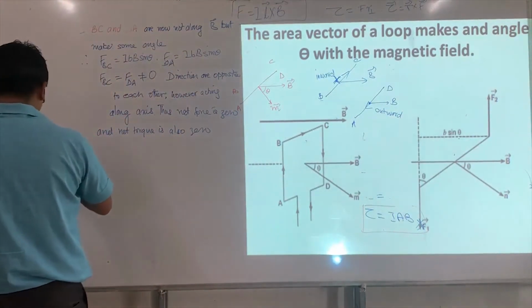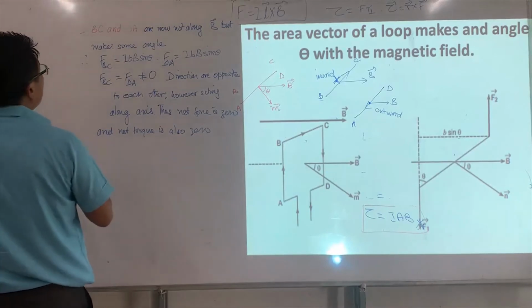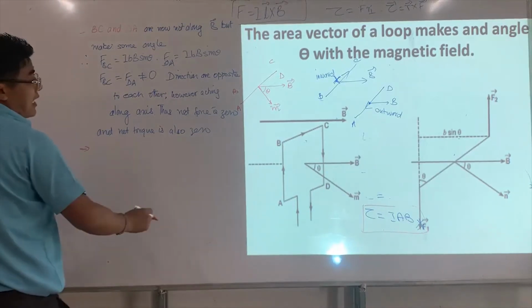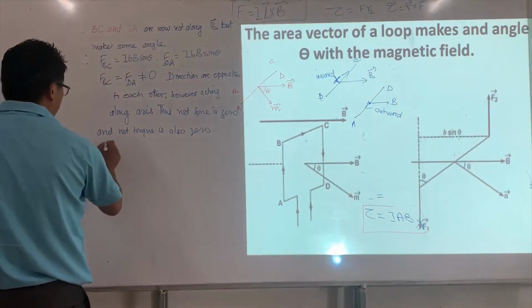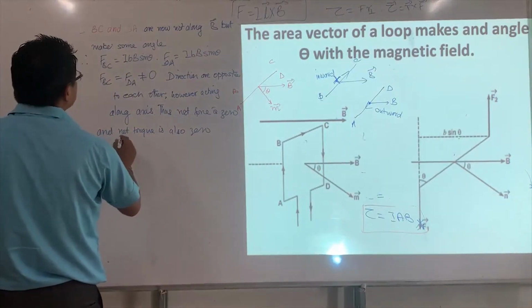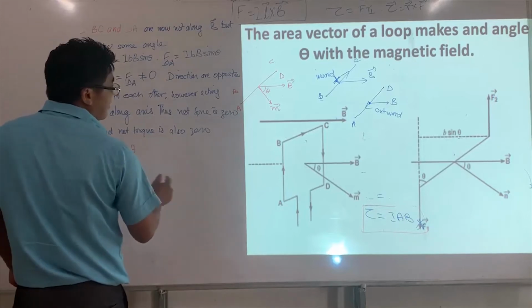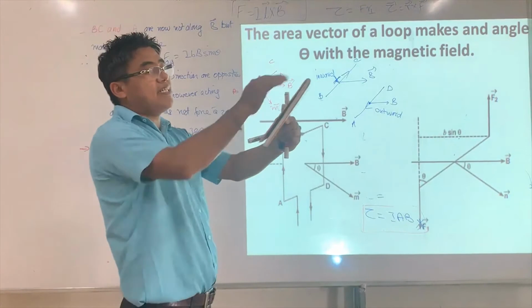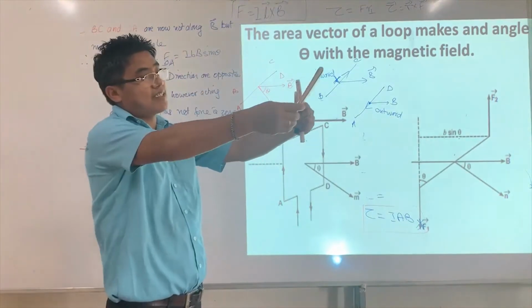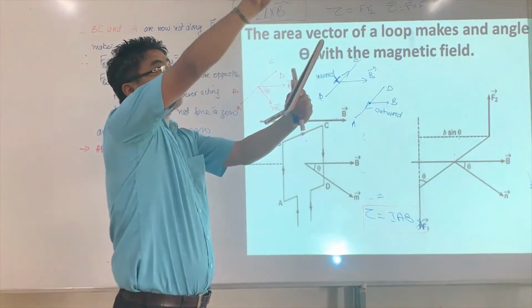Now what about the other sides? Side AB and side CD are still perpendicular to each other. Still perpendicular, right? This is a magnetic field.